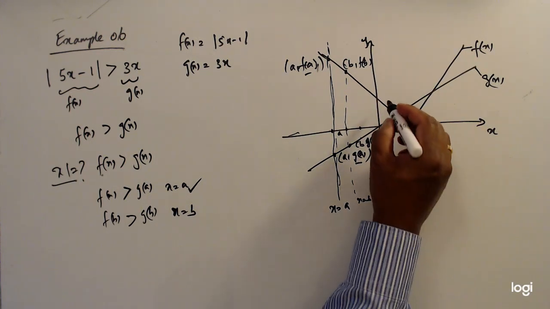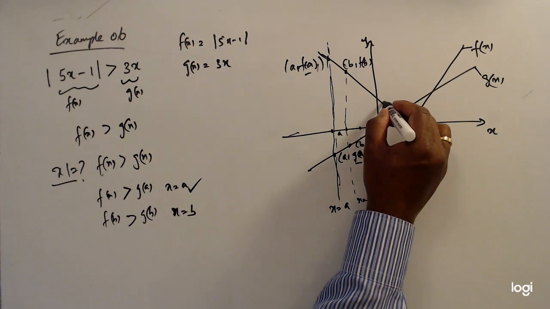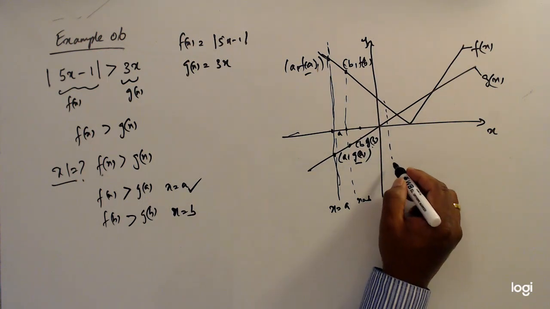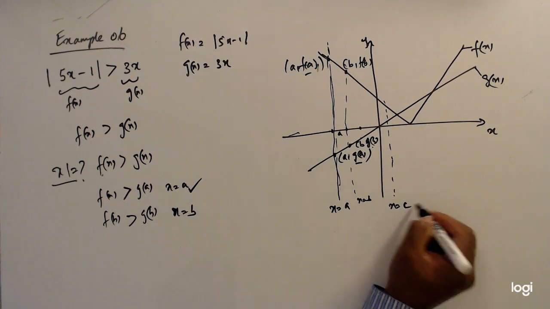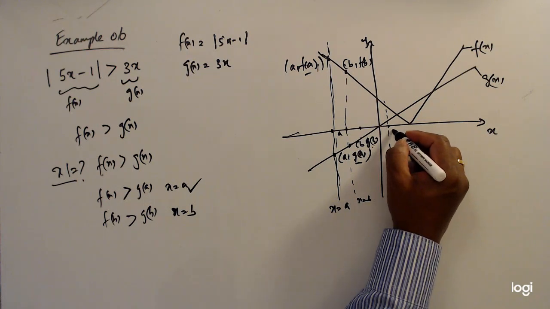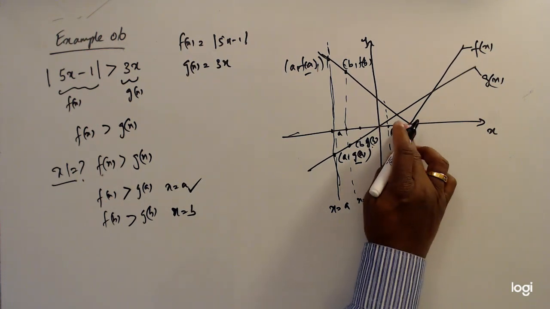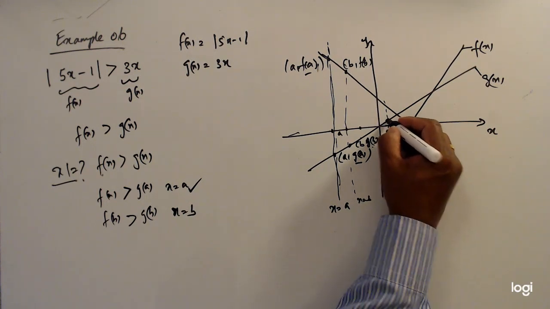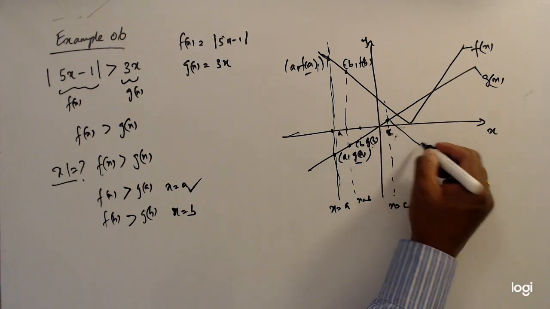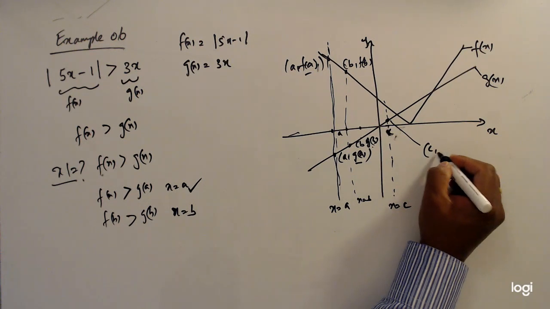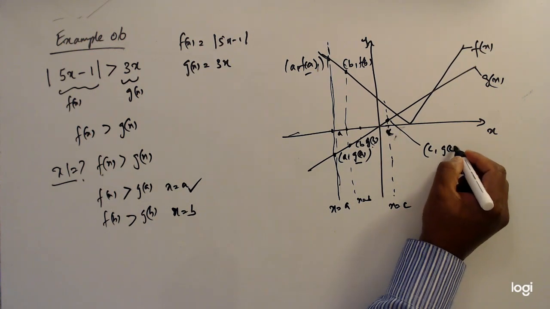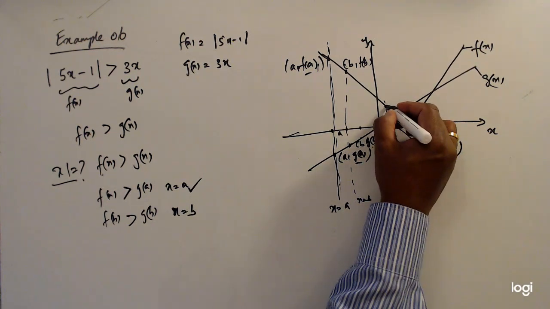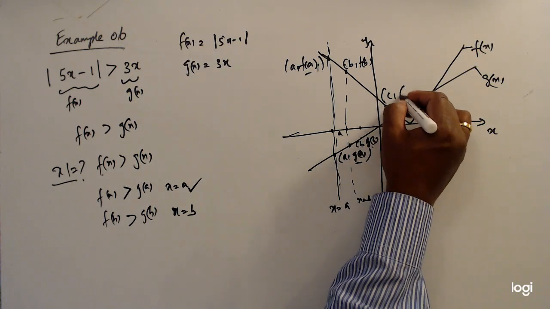If I take another value from here, x equal c line, this is the c point, and this intersection is going to be gc and this is going to be fc.